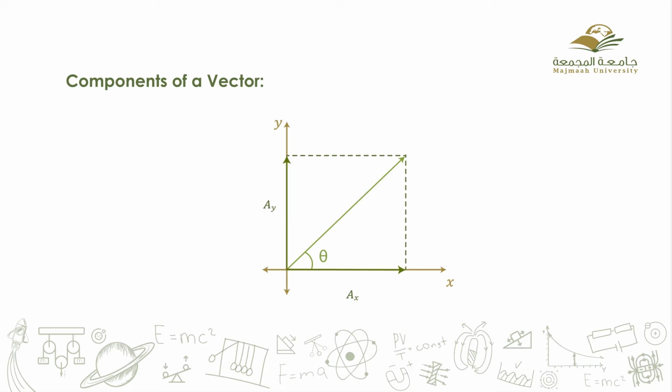The components of a vector are two components: in the X direction, or on the X axis, and in the Y direction, or on the Y axis.